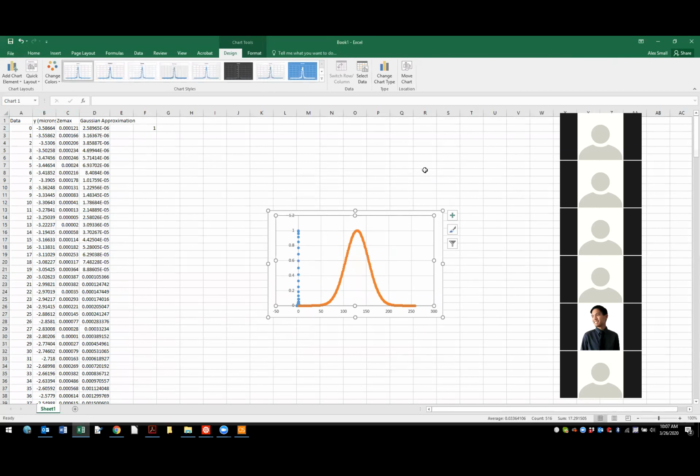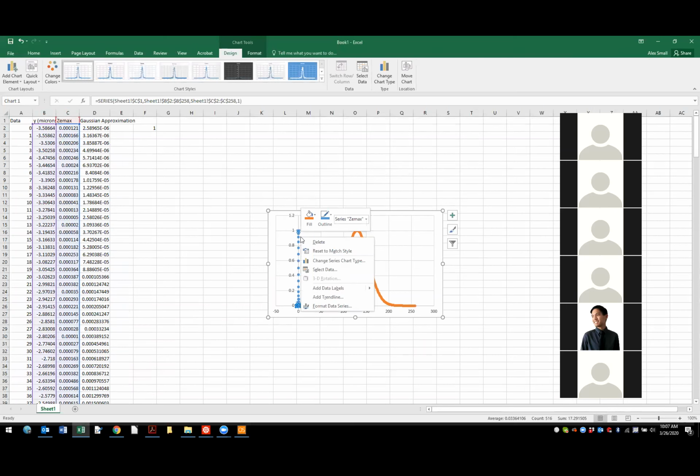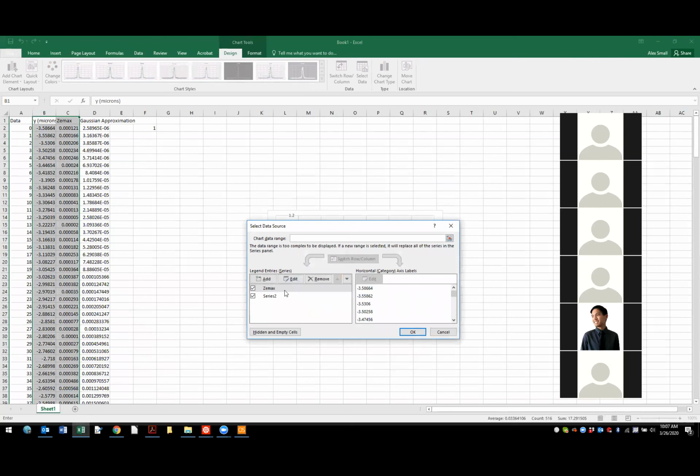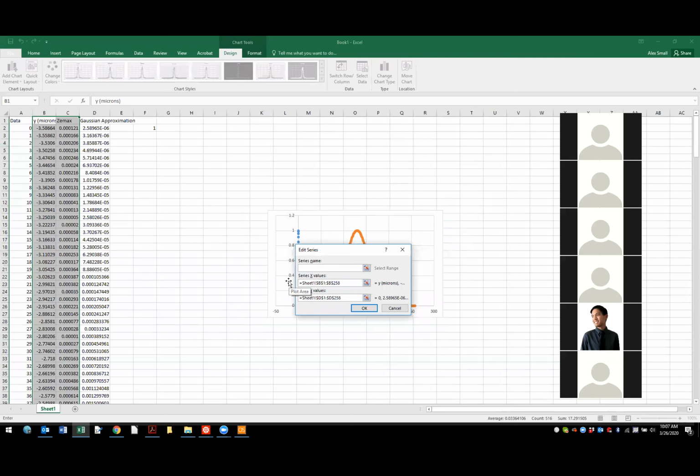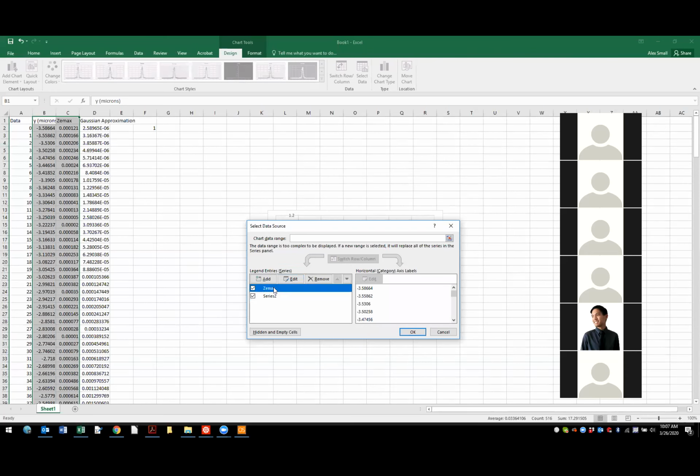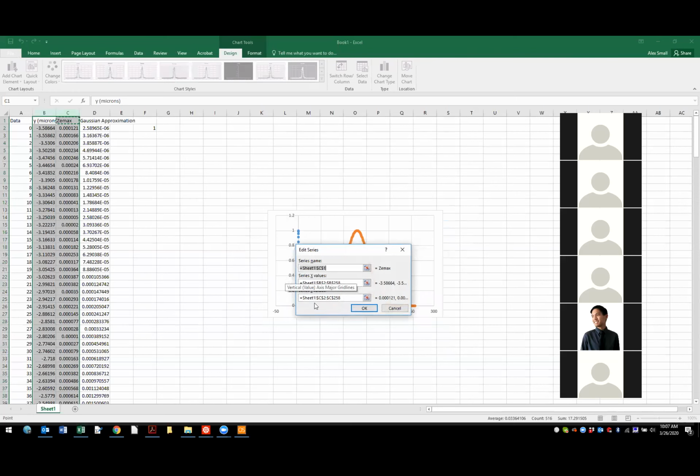We go up, and what on earth did I do? B1 to B258, D1 to D258, okay. Zemax, edit, B2 to B258.